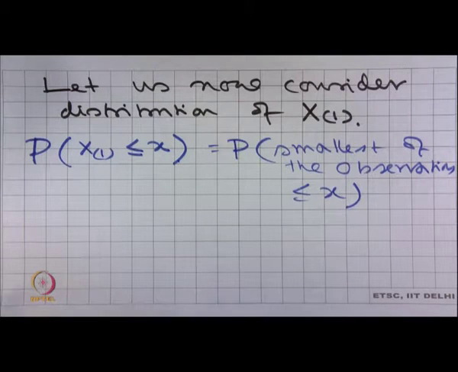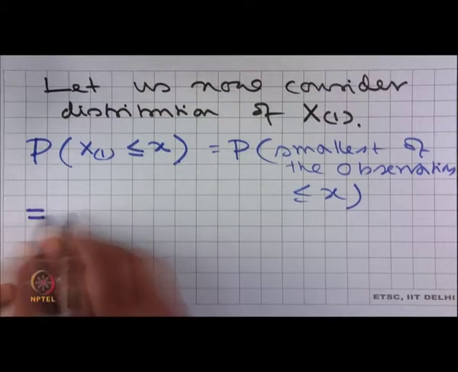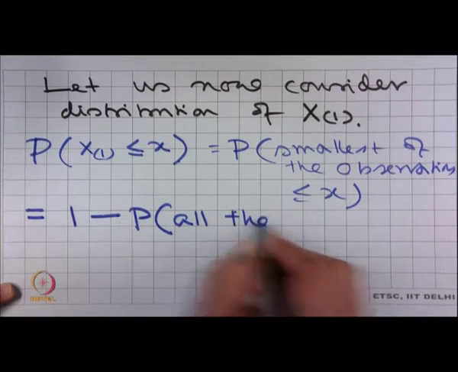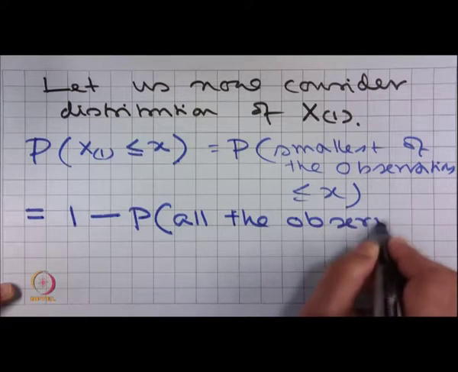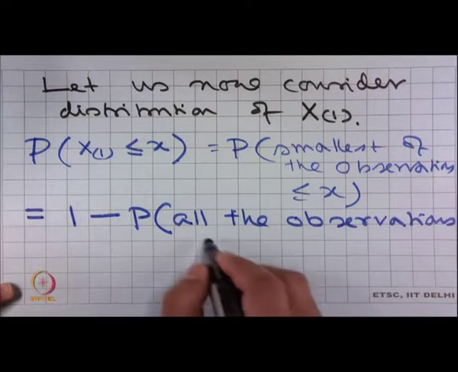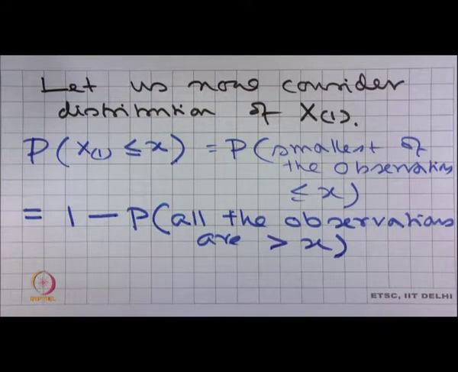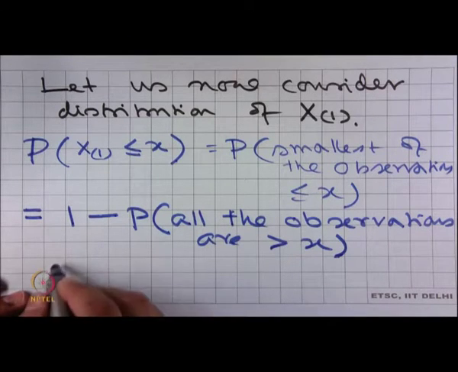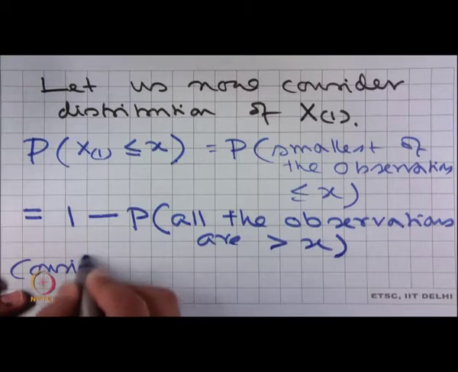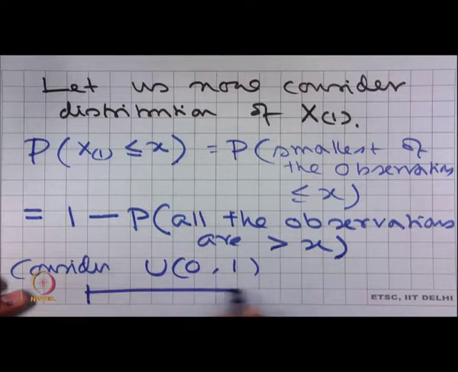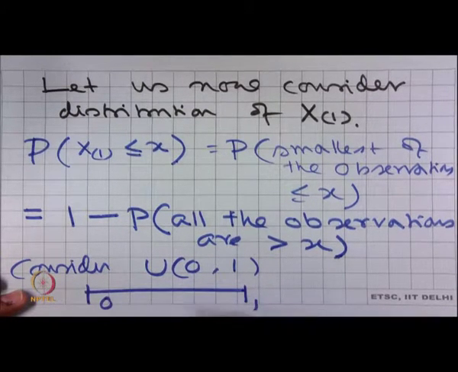Now, the smallest will be less than or equal to x, it is the complement of, right. So, we consider uniform 0 1, this is x.